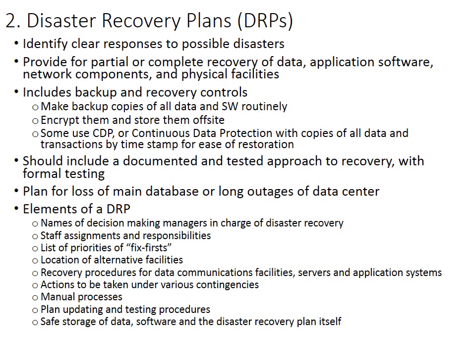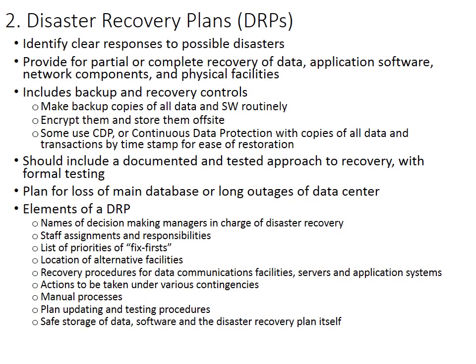In disaster recovery plans, DRPs, you have to identify clear responses to possible disasters. It should provide for partial or complete recovery of data, hardware, software, networks, and physical facilities. DRPs include backup and recovery controls.